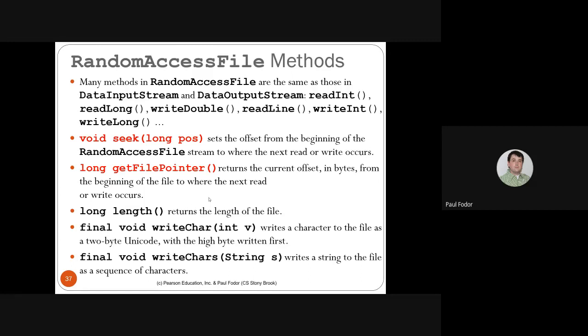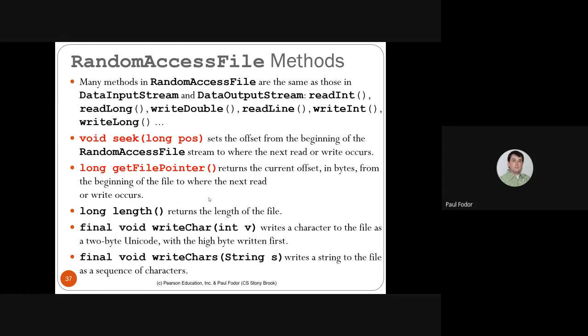Many of the methods for input streams and output streams are inherited in random access files. We have read integer, read long, write double, read line, write integer, and so on. Seek is the method that sets the file pointer with an offset given by pos, the position from the beginning of the file.